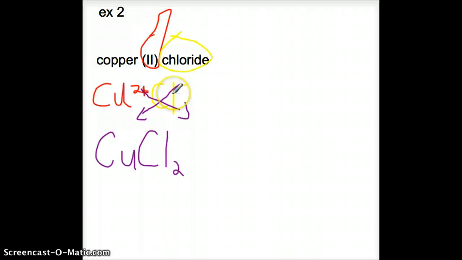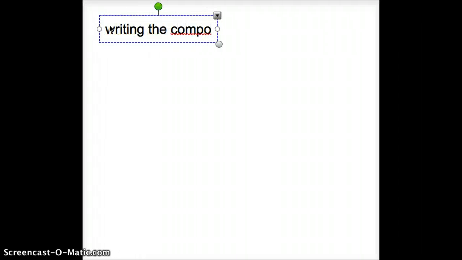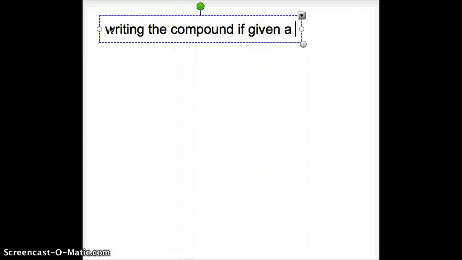Now, how about writing the multivalent compound if we are given the chemical formula? So let's focus now on writing the compound if given a chemical formula.